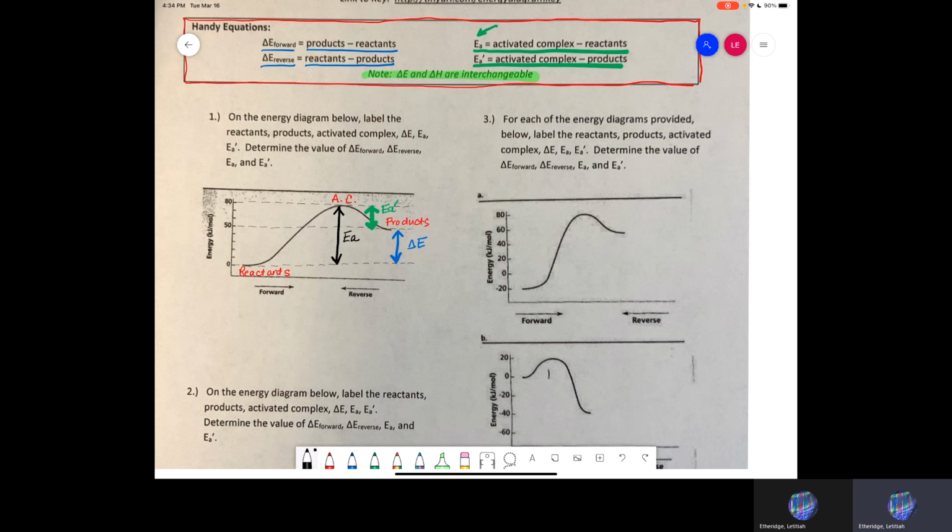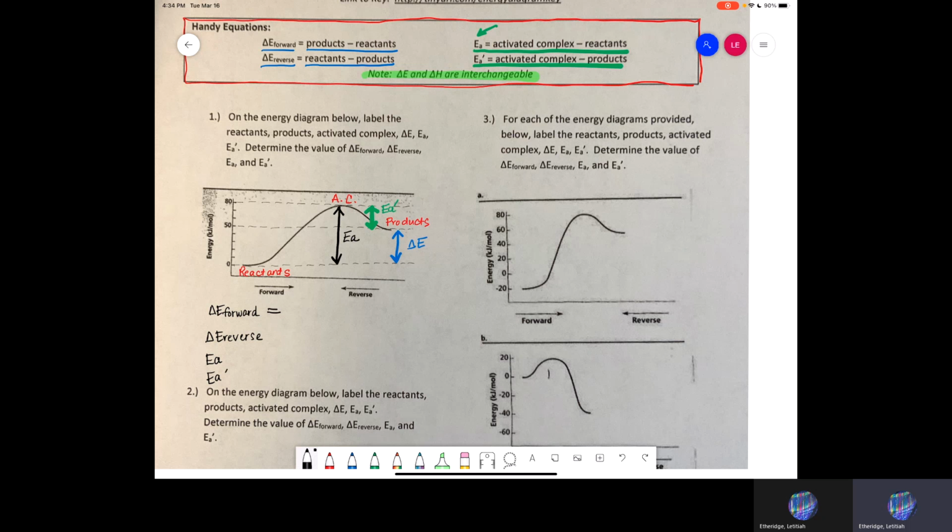Now it wants you to determine the value of delta E forward. It also wants you to determine the value of delta E reverse. And then it wants you to find the value for EA and the value for EA prime. To do this, we just need to know what the numbers are. So for delta E forward, it is going to be the products minus the reactants.